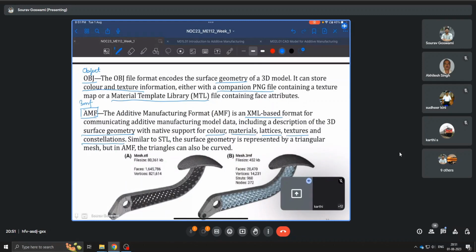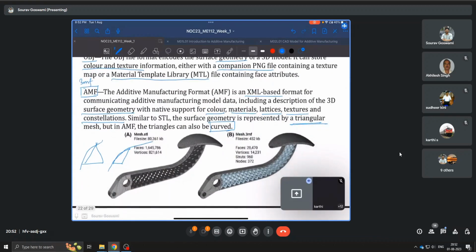It does use triangular meshes just like STL. However, the triangles can be curved. So rather than just straight triangles trying to fit along a curve, maybe you have a curved triangle, which gives you a more accurate fit.